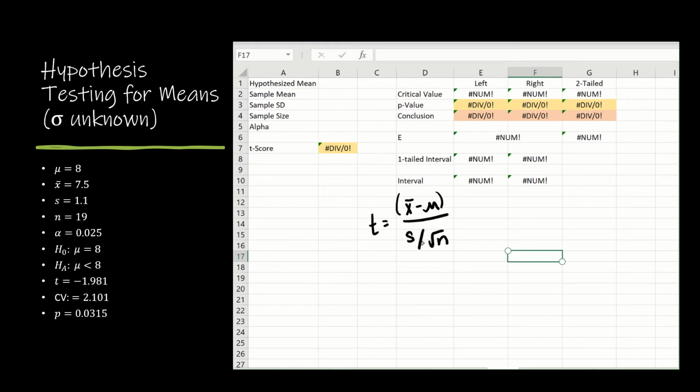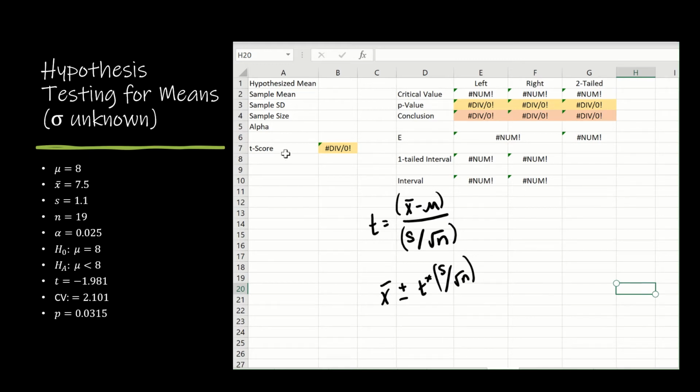Keeping in mind, I'm going to put parentheses around those. The interval is found by taking x bar plus or minus the critical value, which I'll just call t star, times the standard deviation divided by the square root of n. As long as I know these formulas, that's all I'm asking Excel to do.